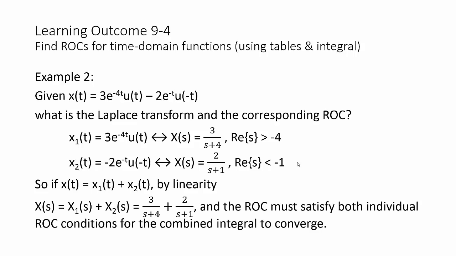Again, by linearity, our total Laplace transform is going to be the sum of these two parts. And again, the region of convergence must satisfy both these ROC conditions. So we need to have the real part of s greater than negative 4 and less than negative 1. This means that our real part of s has to be between negative 4 and negative 1.